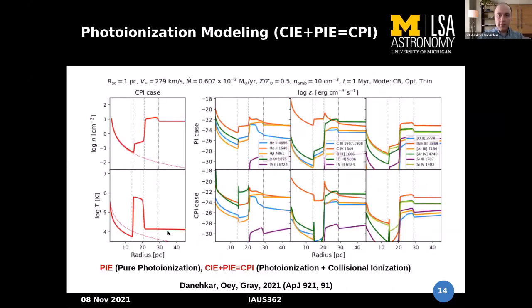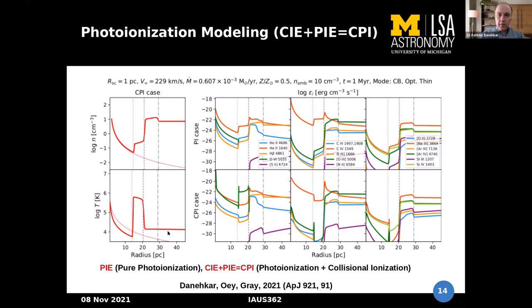And here you see the result of photoionization plus collisional ionization. On the left, you see the temperature profile for one of our examples. Also, on the left panel there is emissivity, which is calculated by photoionization models.